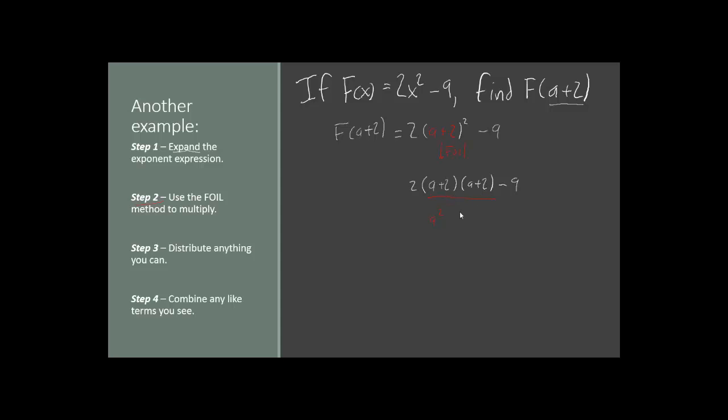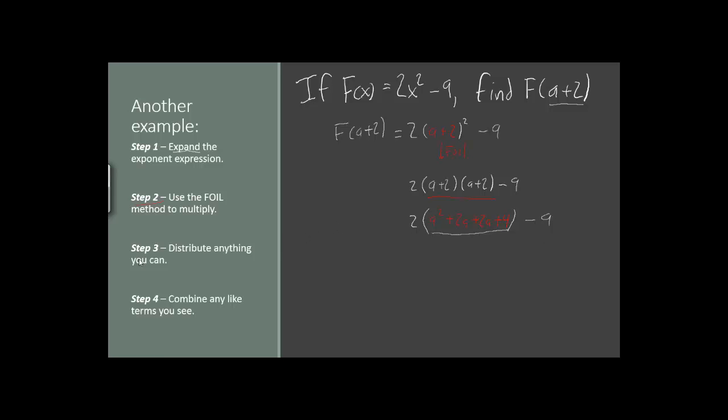A times 2 is 2a. 2 times a is also 2a, and 2 times 2 is positive 4. Now we have to give that whole thing its own parentheses, because we still have that 2 outside, and it's going to be multiplied by everything in this parentheses. And then we have a minus 9 on the outside.